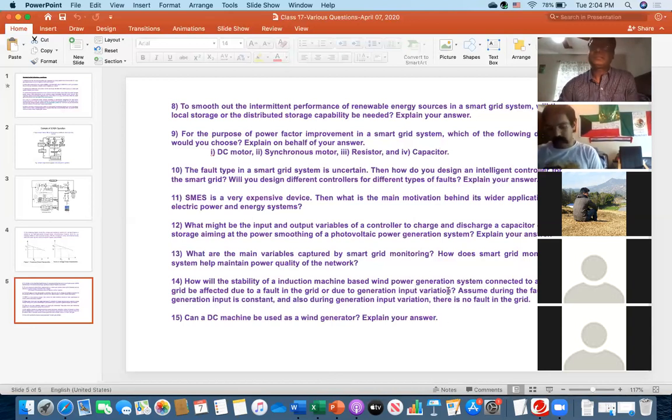Yes. Can you repeat how the smart grid monitoring helps maintain power quality? Sorry, what is the question? The answer to how does smart grid monitoring help maintain power quality? So that SCADA system, when it is monitoring the status of those main variables, already has those predefined values, or the steady state values, or the balanced or healthy condition values.